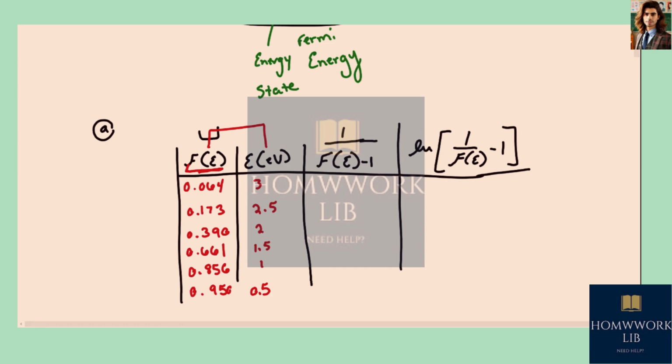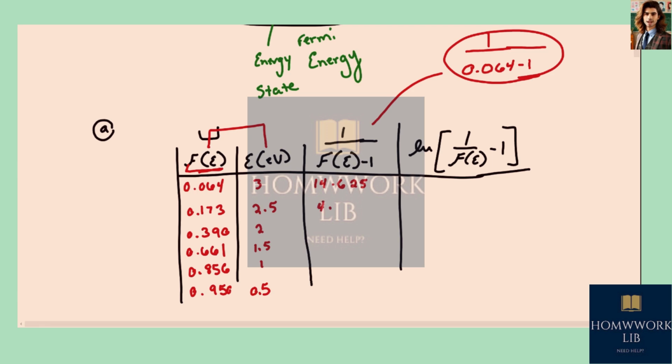So from here, we'll do 1 over 0.064, minus 1, and that is going to be 14.625. Then the next one, 4.7803, then 1.5641.